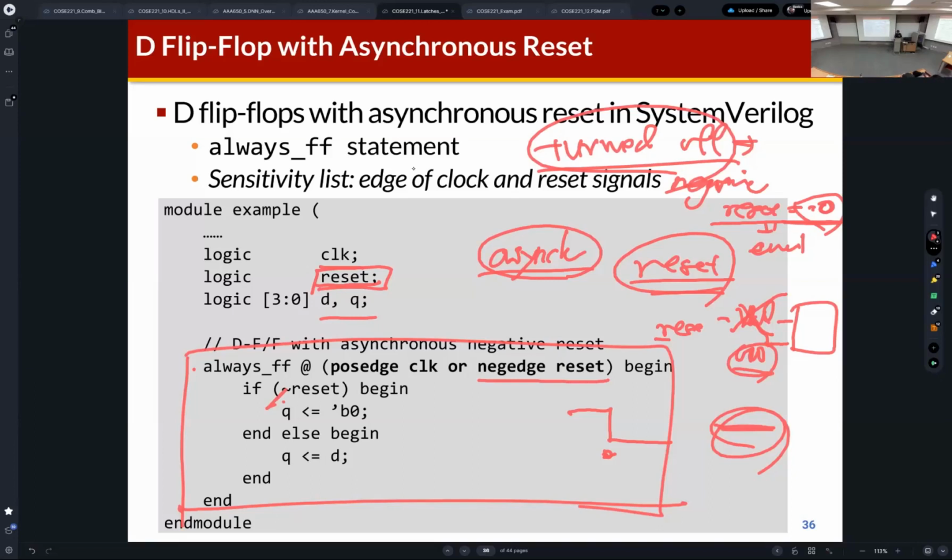It's very common. If you see Verilog code on the internet, you can frequently find this statement that implements the flip-flop with asynchronous negative reset.